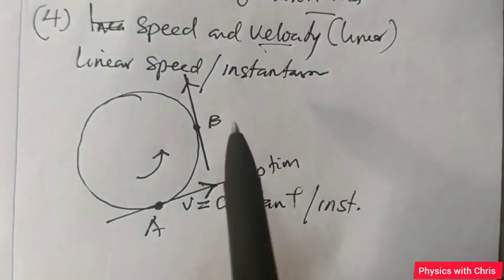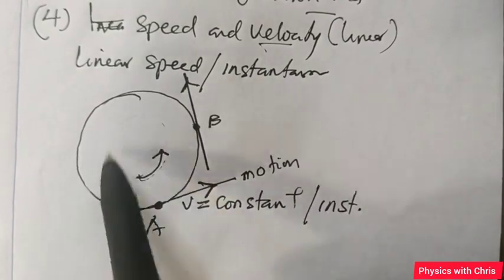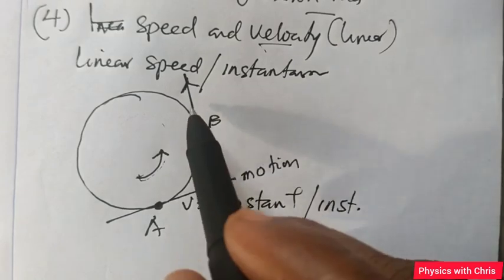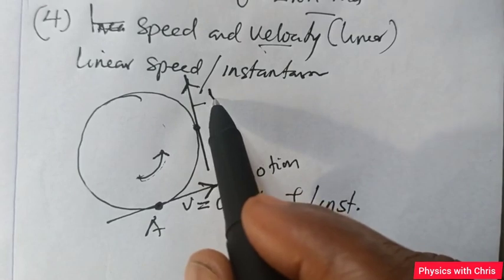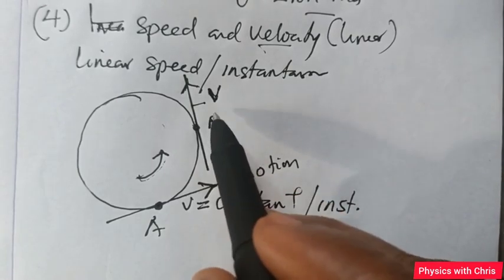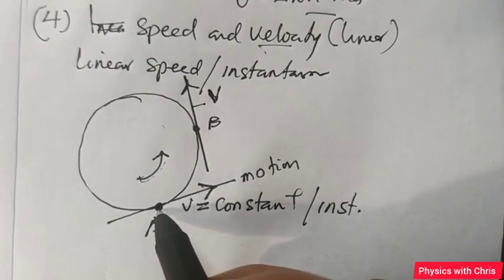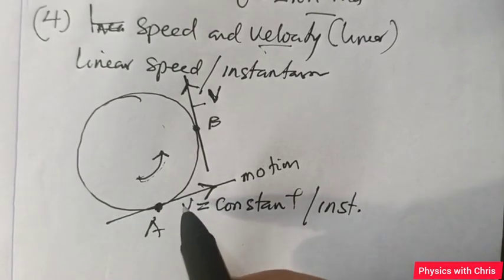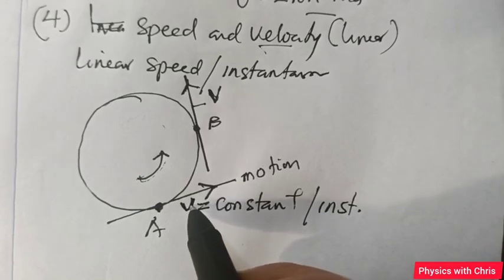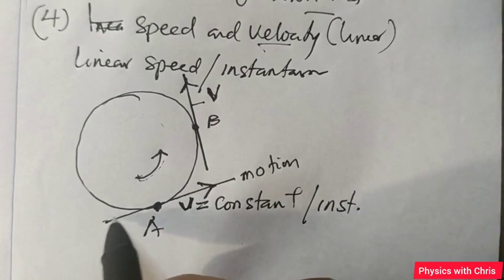At B, place an arrow here to indicate that the body moves like this. So the direction of this tangent is the direction of motion of the body at point A. It means that the body at point A has both magnitude and direction. The magnitude is just the speed, which is constant in uniform circular motion, and the direction is this way.